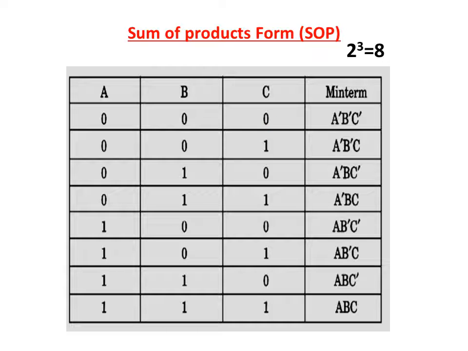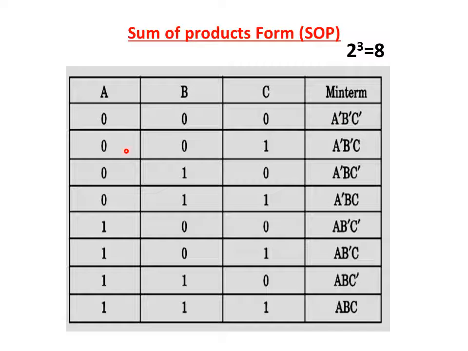The equivalent min term representation for 0, 0, 0: for an uncomplemented term we will represent it as the variable itself, and the complemented terms will be represented with a bar. So A is in complemented form, so we write A bar. B is in complemented form, so B bar, and C is in complemented form, so C bar. So the 0, 0, 0 equivalent min term representation is A bar, B bar, C bar.